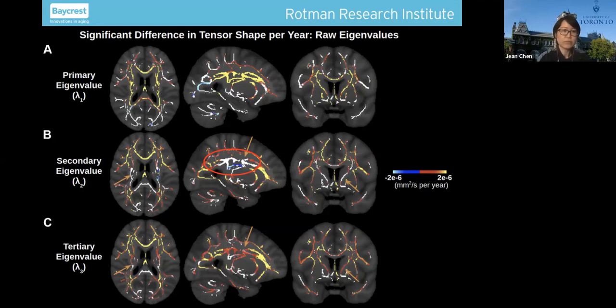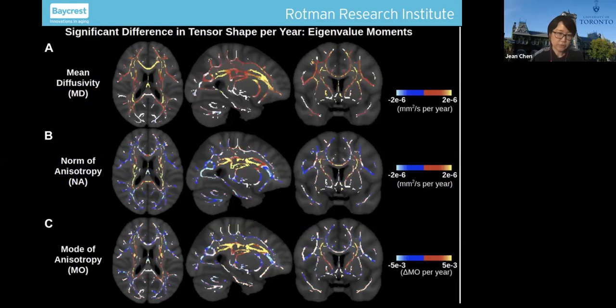So to take this further and to compute our triplet of parameters, now you can see, whereas we had seen this already before, even if we use fractional anisotropy, we can see this blue across the brain, which represents reductions in diffusion anisotropy across the brain.